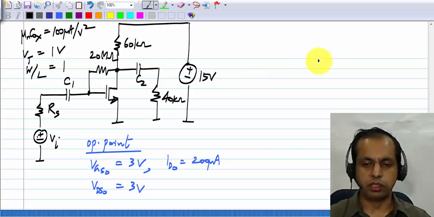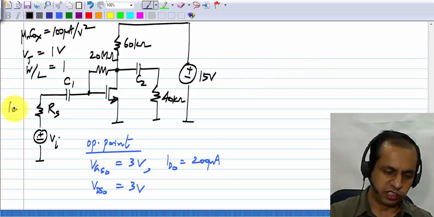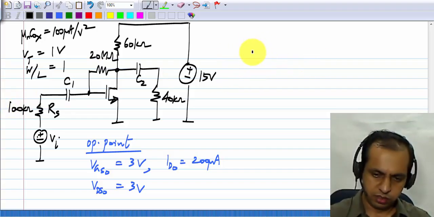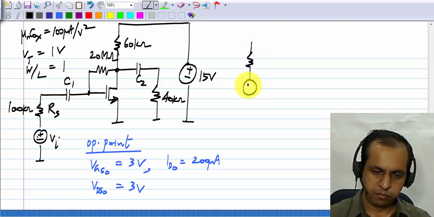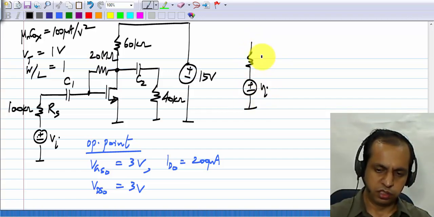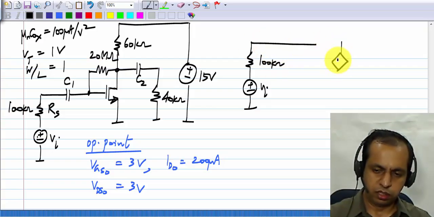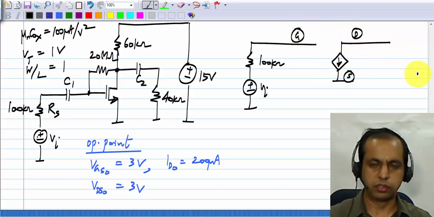Now coming to the signal picture, let's say RS is 100 kilo ohms. Again, it doesn't matter. This is VI, 100 kilo ohms, and I have the transistor, gate, drain, and source.